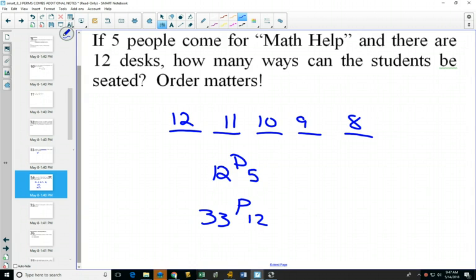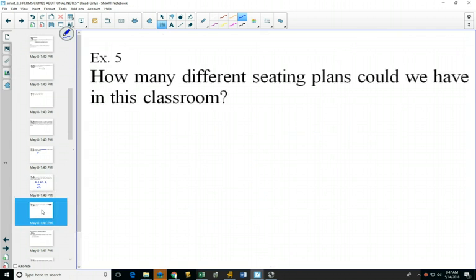Even if we didn't, if we just did the 12 desks that you guys are in and did 12 factorial, that's still a huge number for the number of seating plans. So yeah, that's this one, 33P12.